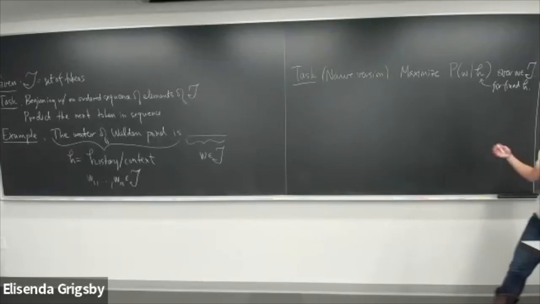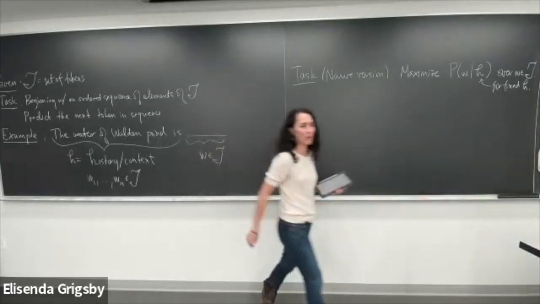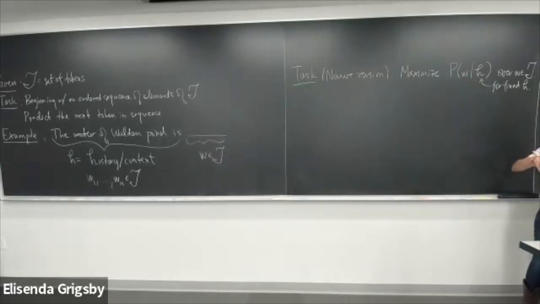Okay, and one thing you might think to do is to try to approximate this conditional probability by looking at your whole corpus. Every time you see the water of Walden Pond is, you count that, and then you look at what follows and you count those. And this is some kind of empirical approximation to this probability.